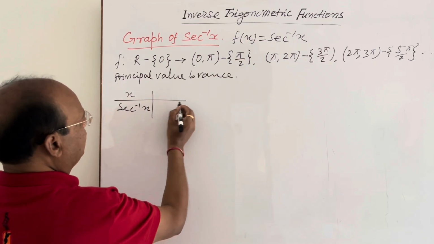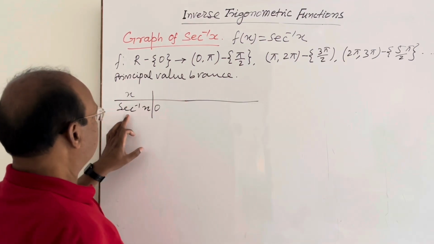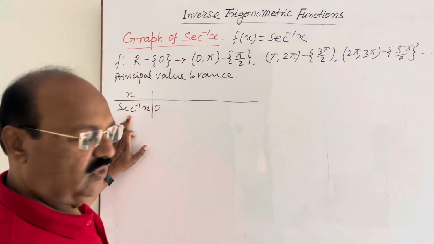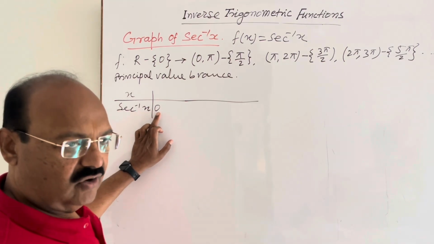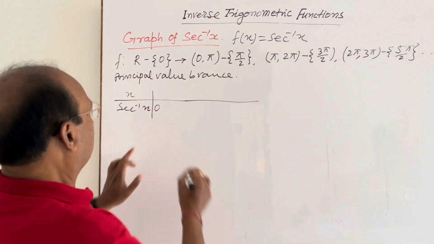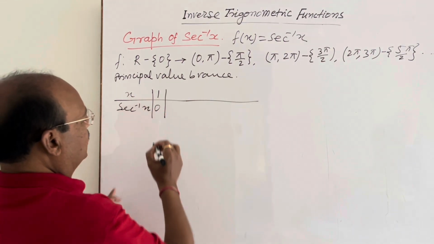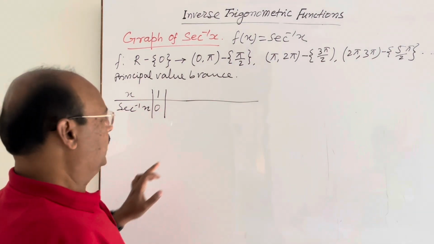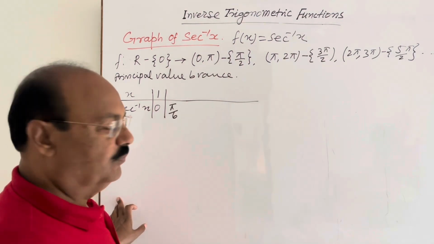So we can start from 0, and you know that sec is 1 by cos. So if we take 0, then 1 by cos 0 is 1, then we will get here 1, correct? This is 0. Then we will take 30 degree. 30 degree is pi by 6.